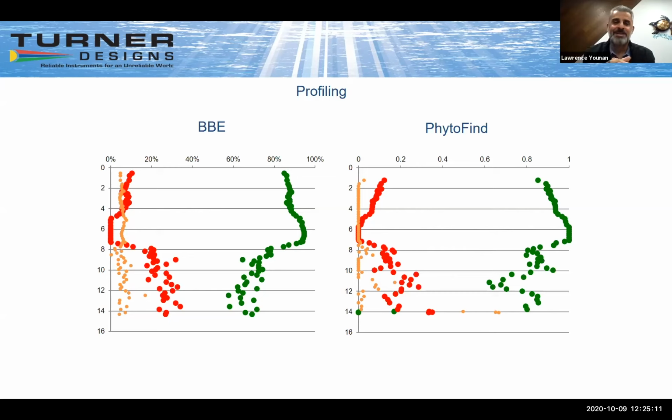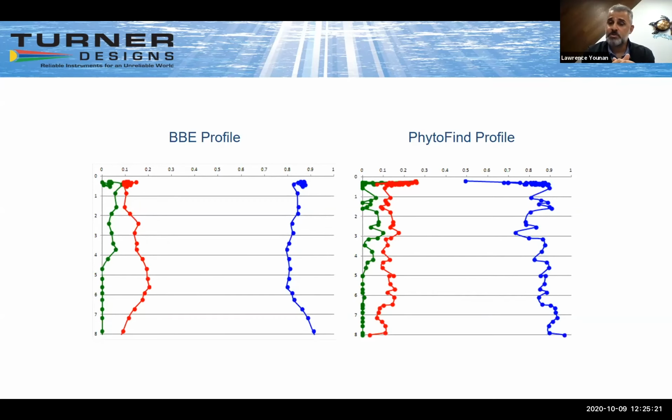But the comparison in what we're trying to distinguish, which are those algal groups, turned out to be very nice, given the limited availability of this type of instrumentation on the market. We are one of, I believe, 3 that exist. There may be more, I may be wrong.